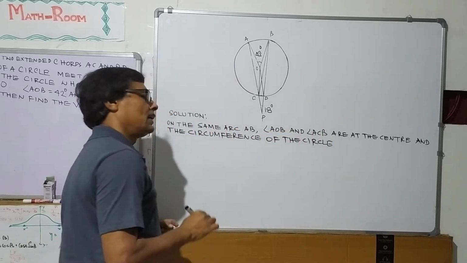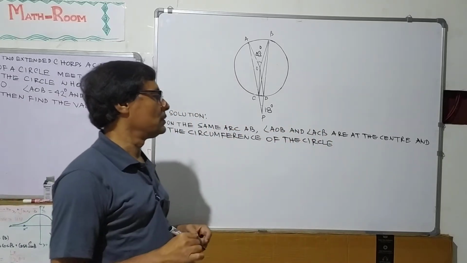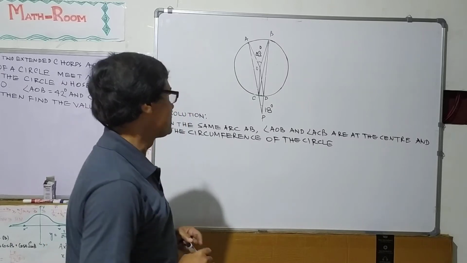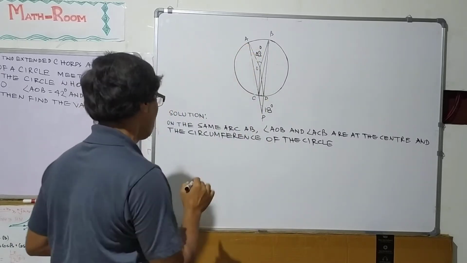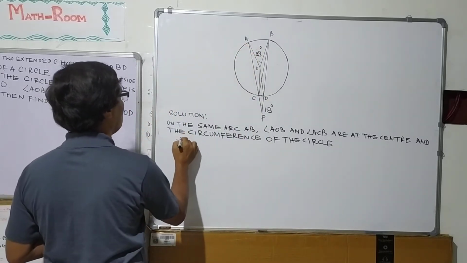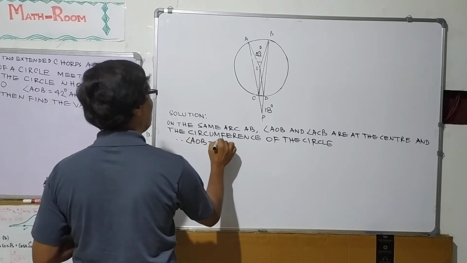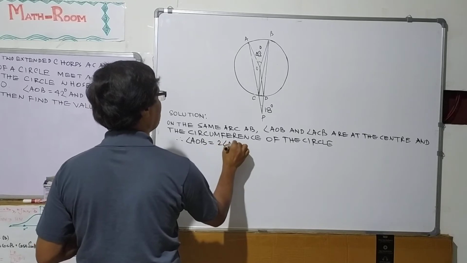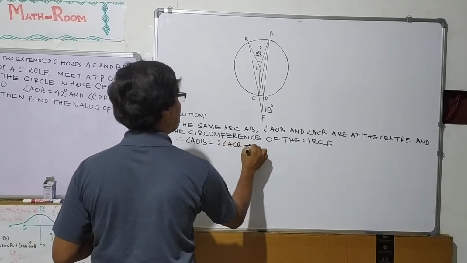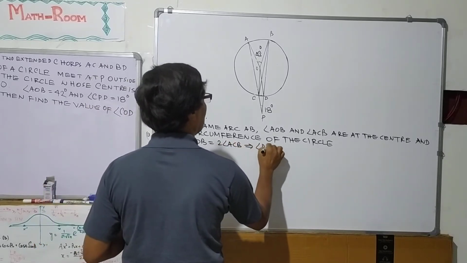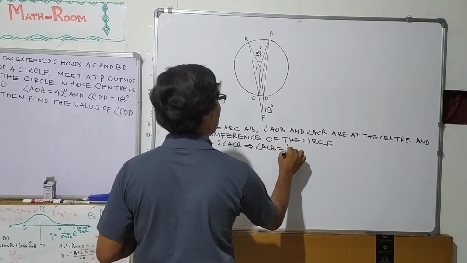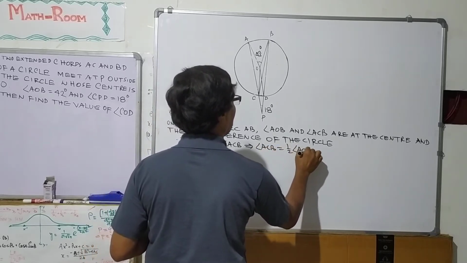So, the angle at the center is equal to twice the angle at the circumference. The angle at the center is AOB. So, AOB equals twice the angle ACB, which implies angle ACB equals half of angle AOB.